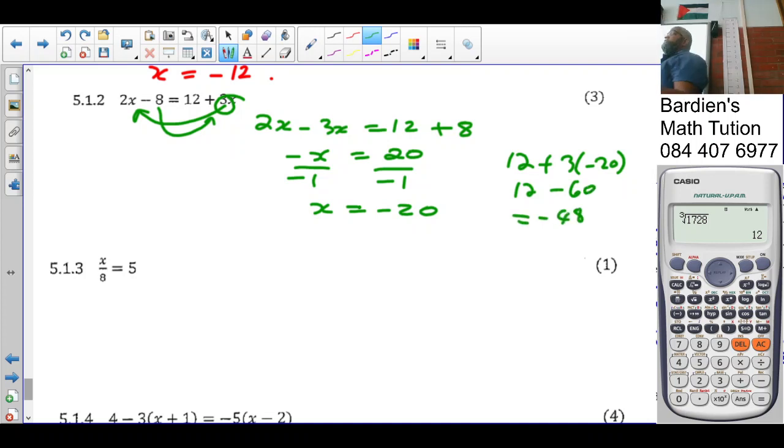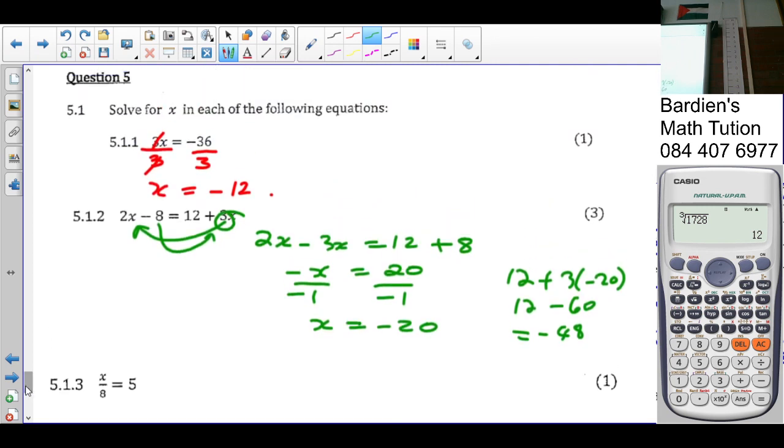Can you see? So the equation is balanced. So yes, I'm correct. But look at the previous sum, same story. x is negative 12. What is 3 times negative 12? Negative 36. Can you see that, people?